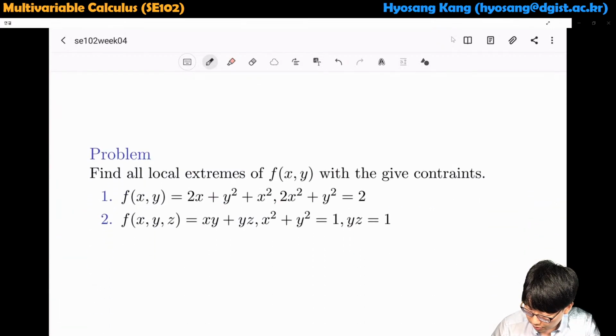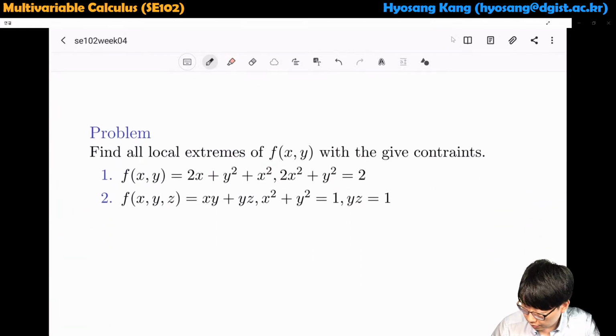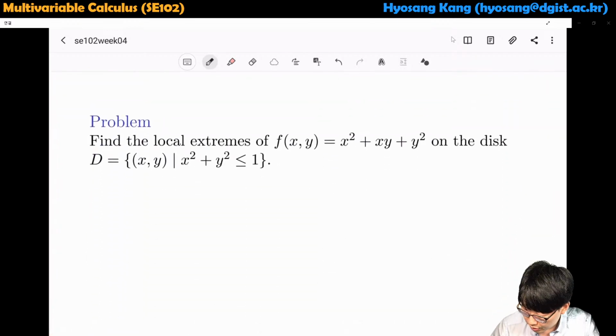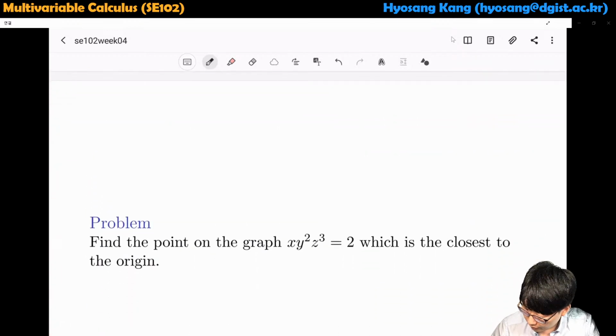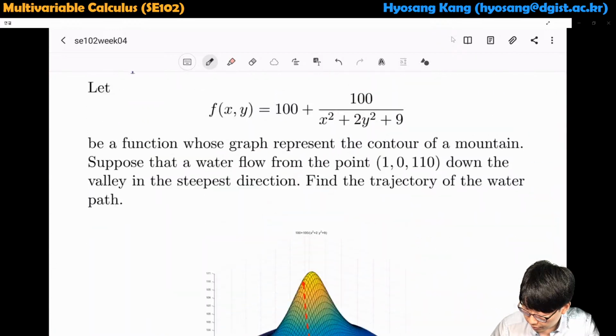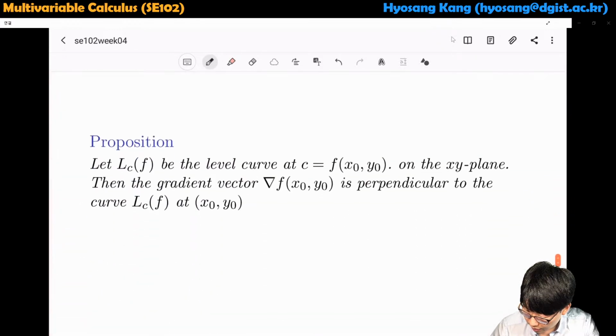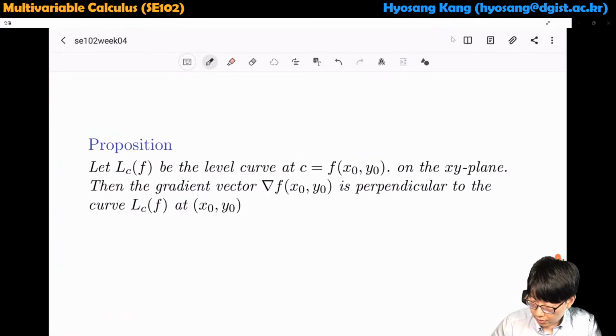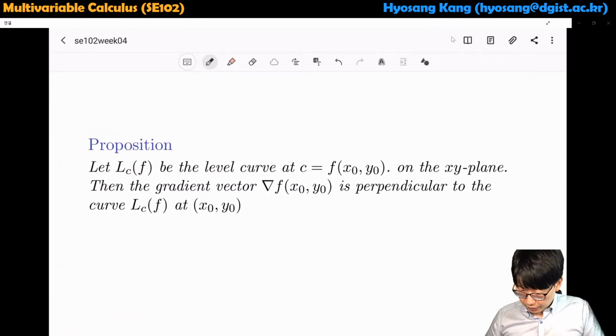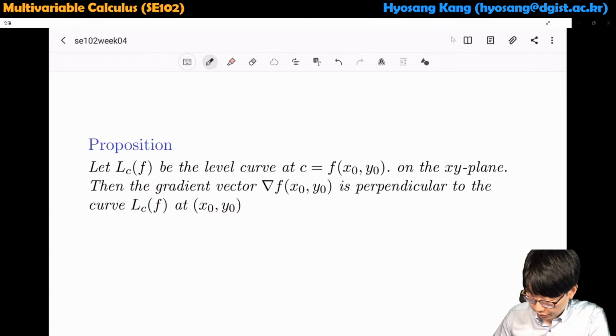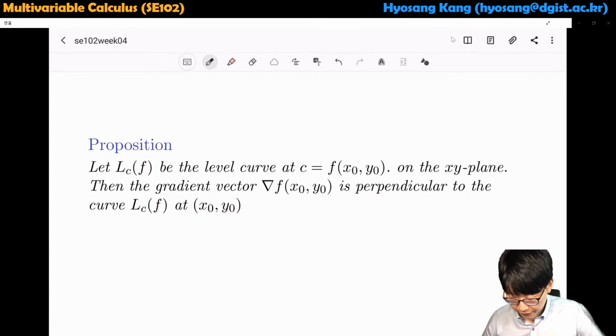So from now on we have Lagrange multipliers. Let's do the Lagrange multiplier. All right, here we're going to look at the first proposition first.